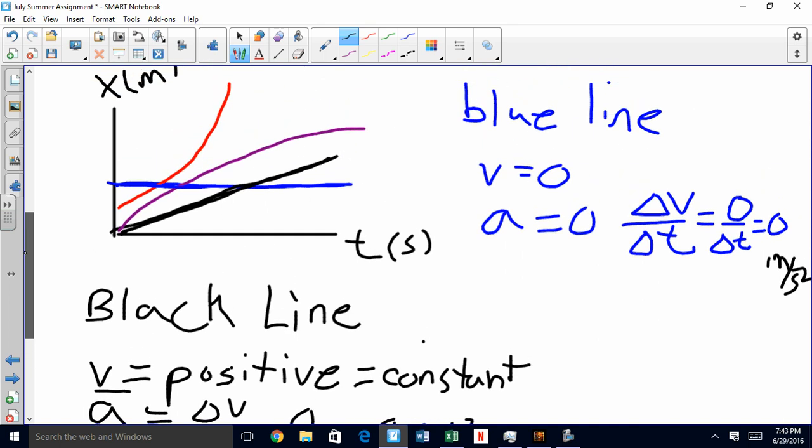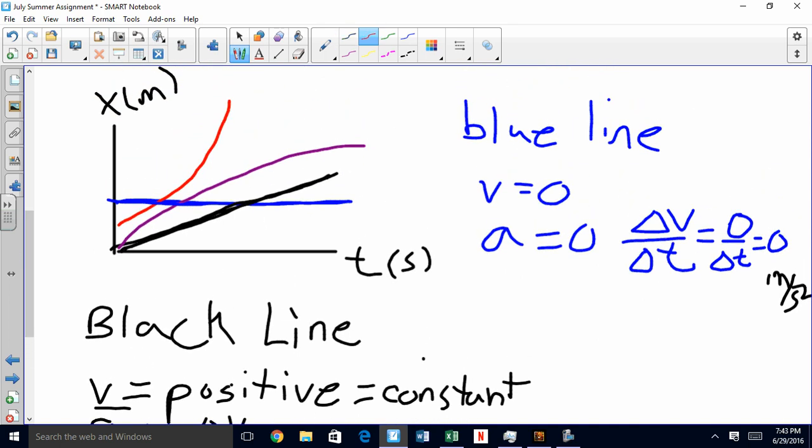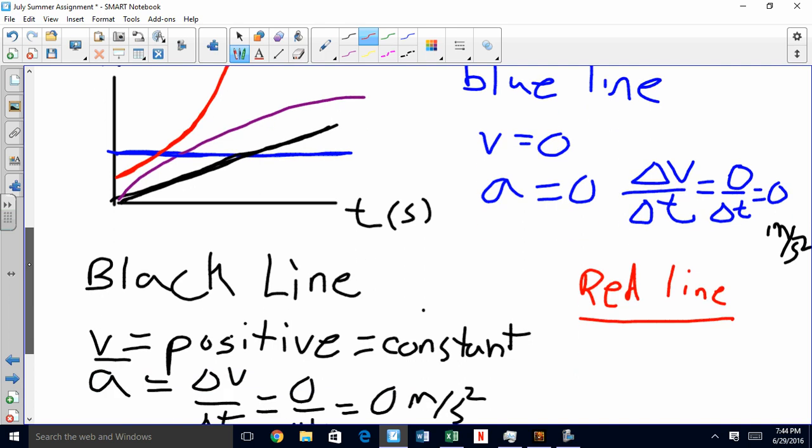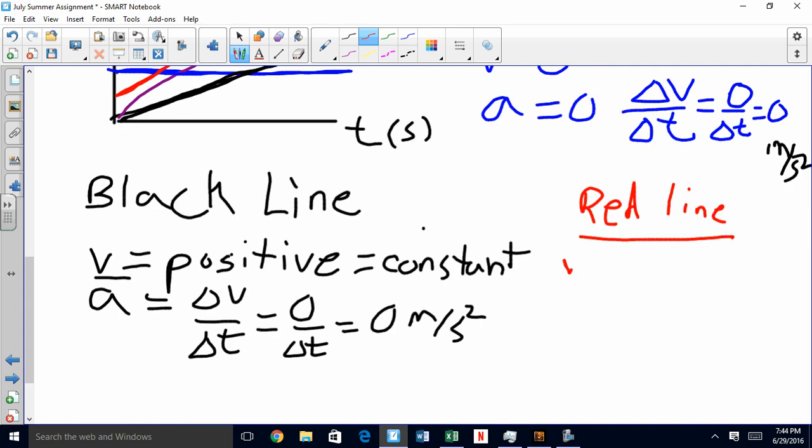Let's go look at our next lines. Let's do the red one next. If we look at our red line, this one's a little bit more interesting. I see that this is going up, so certainly my velocity is positive. But now I don't have this nice slope anymore.